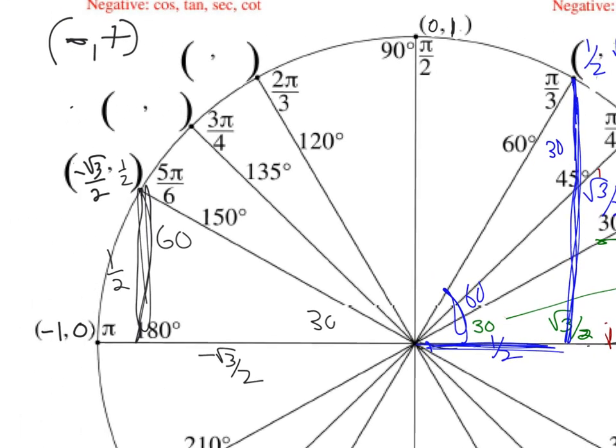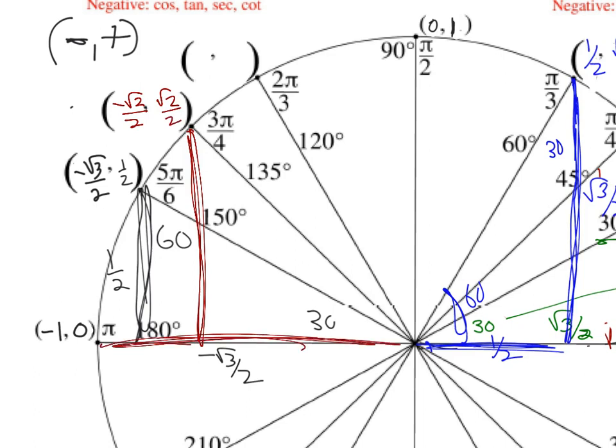So for this one, it's going to be 45 from this anchor. So it's going to be negative square root of 2 over 2, square root of 2 over 2. So everything's going to be from my horizontal line. Okay, it's just a matter of going back now and then up.